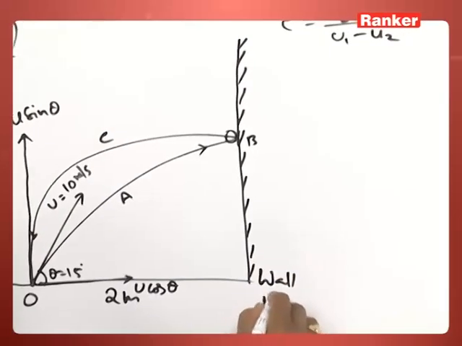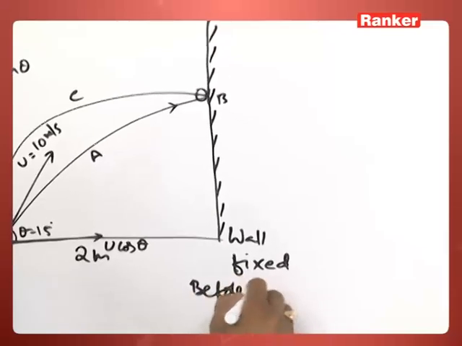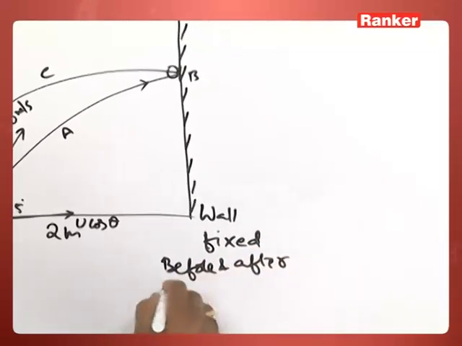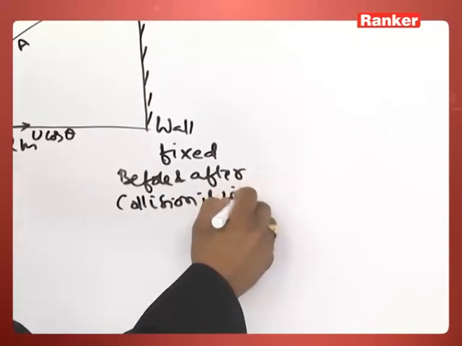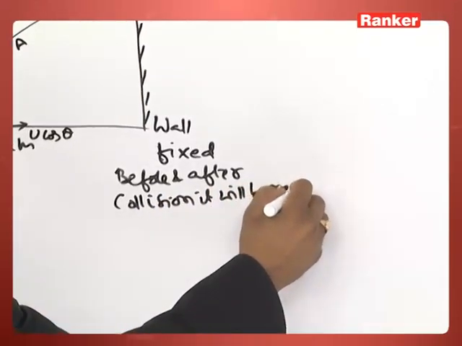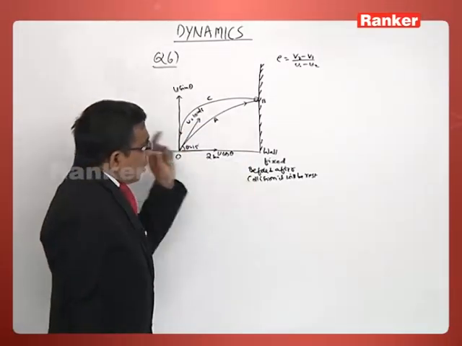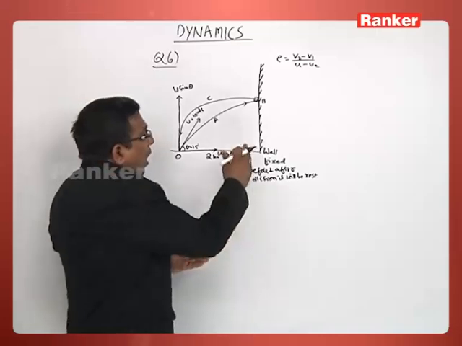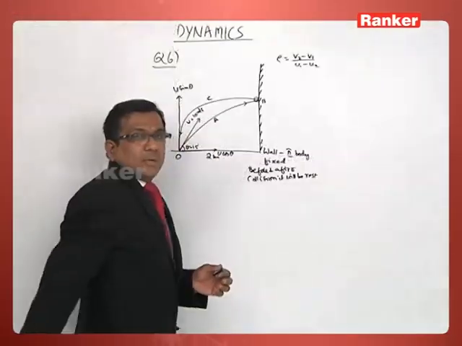Remember, wall is fixed. Fixed means before and after collision, it will be at rest. This is the point you have to remember. Only the ball is rebounding back. The ball will move back. So, the wall I take as the second body.